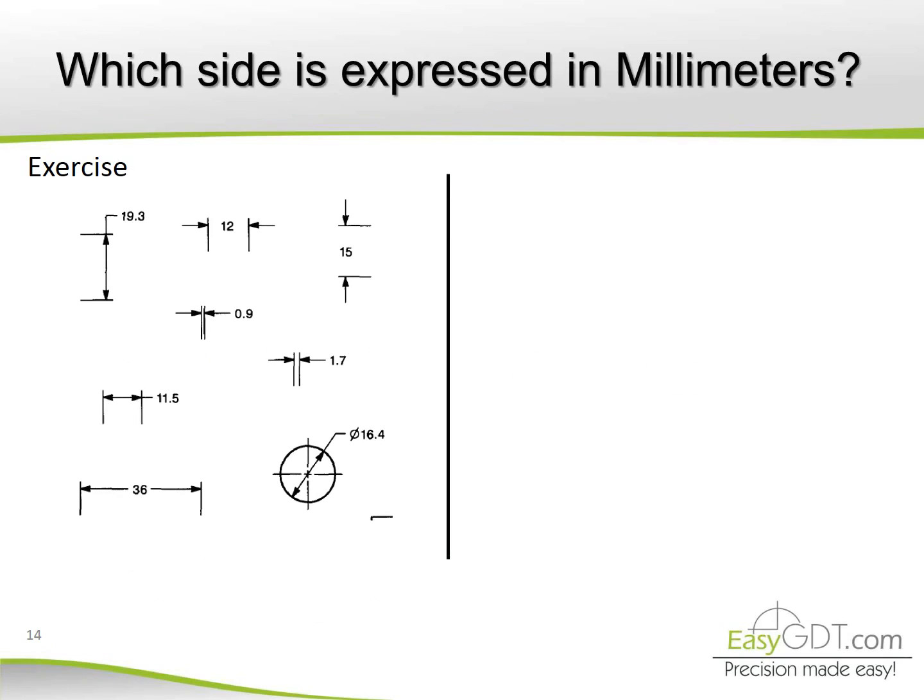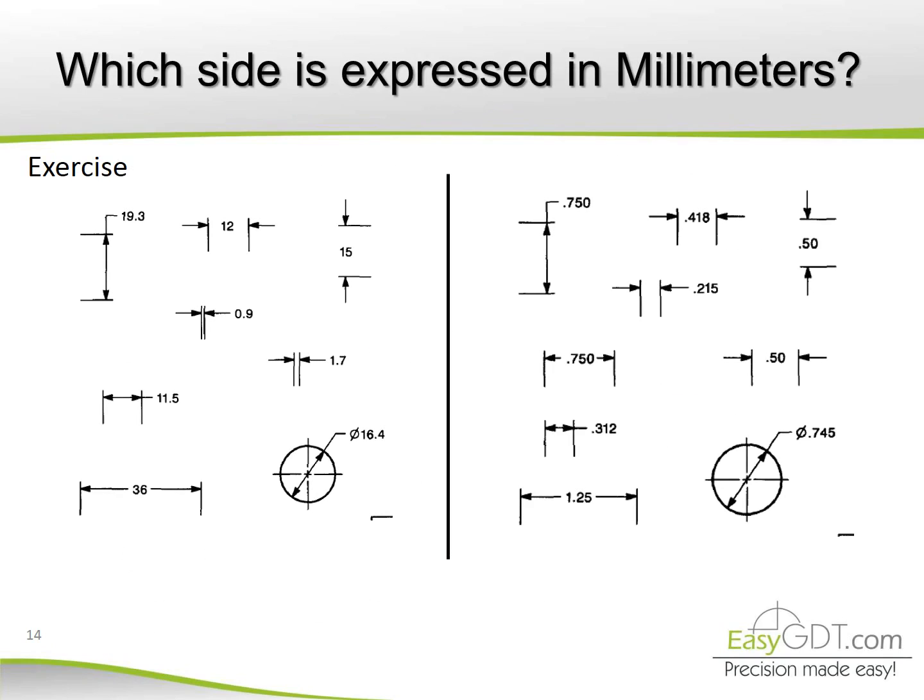Please identify each group of dimensions, whether they're expressed in millimeters or inches. Find the zeros before the decimal point or integer dimensions without decimal point. Pause the video and resume when you have the answer. Ready? Here are the results. The group on the left is noted in millimeters.